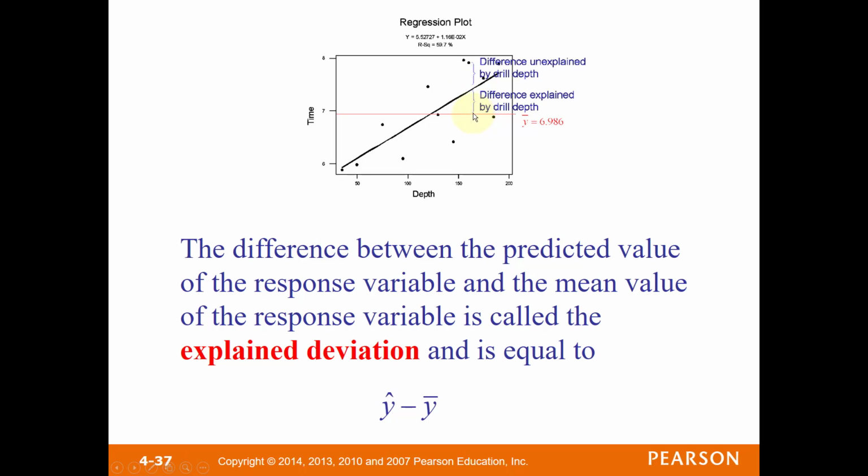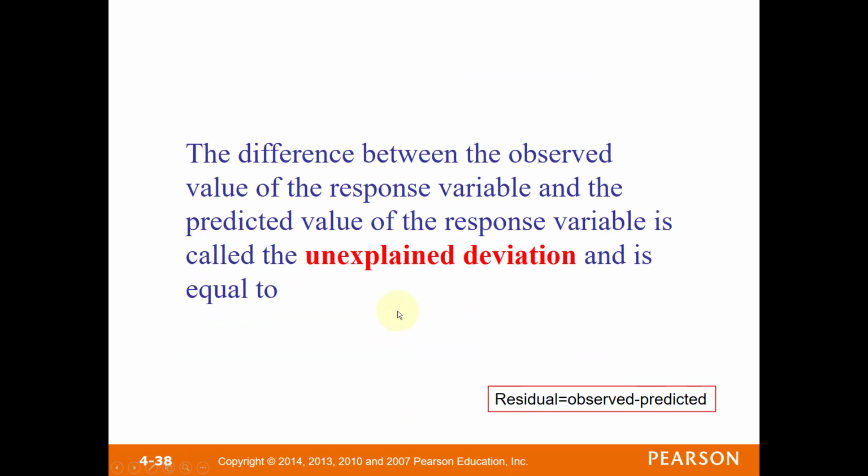Y bar is the mean, and remember, all y values on the line are designated by y hats. Then you have unexplained deviation, but remember that's the residual as well. So this unexplained deviation is the discrepancy between our model and the reality of the observed values. It takes us right back to the definition of what a residual is.